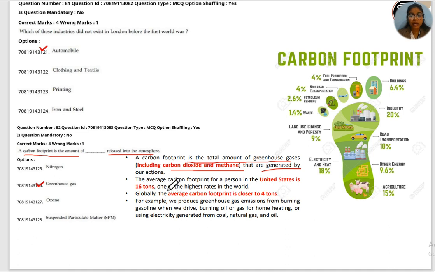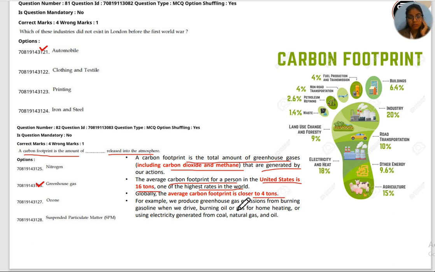Okay. The average carbon footprint for a person in the United States is 16 tons, one of the highest rates in the world. So the most carbon footprint is released in the United States, with 16 tons per person, which is the highest. And globally, the average carbon footprint is closer to 6 tons per person.